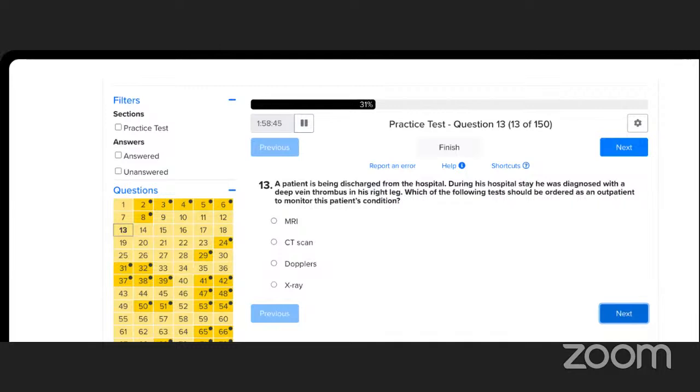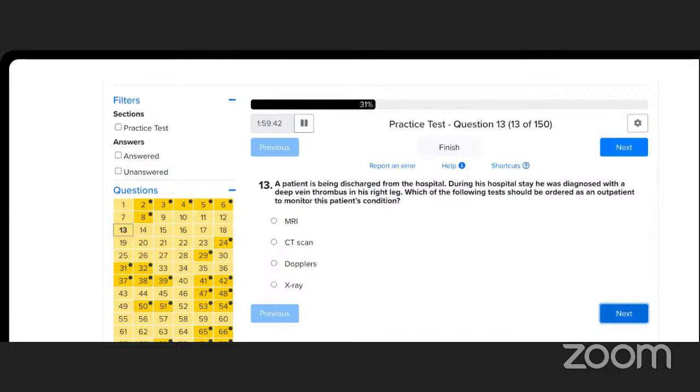So we're gonna be moving a little quickly, and then I will be offering a more comprehensive one, depending on how many people are interested, but that one will be a lot longer.